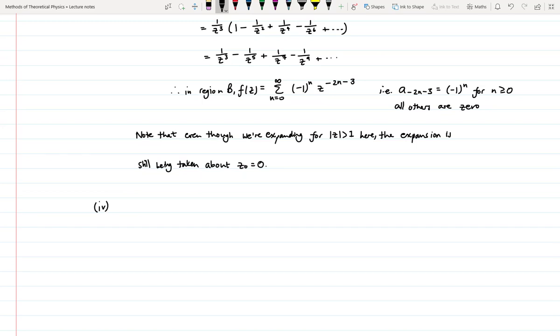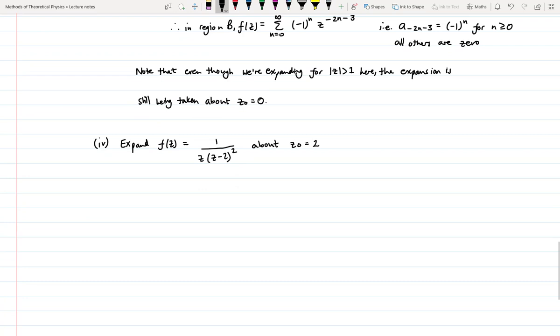fourth example, let's consider expanding f of z is 1 over z times z minus 2 squared about the point z0 equals 2.